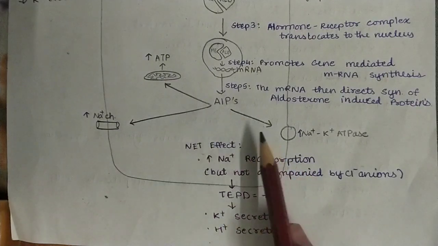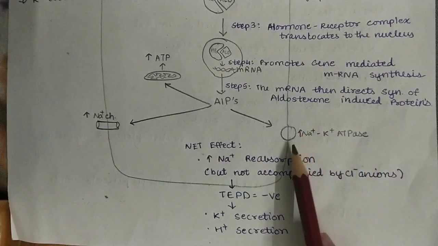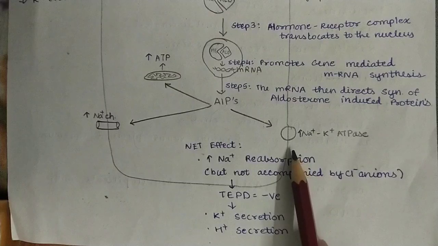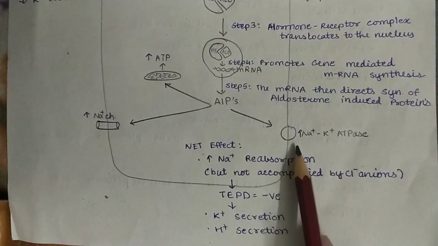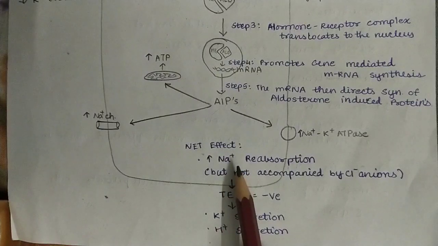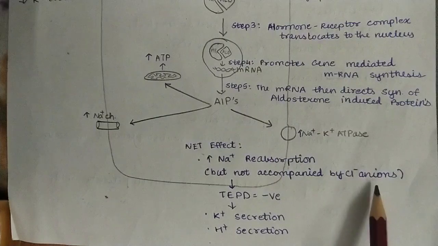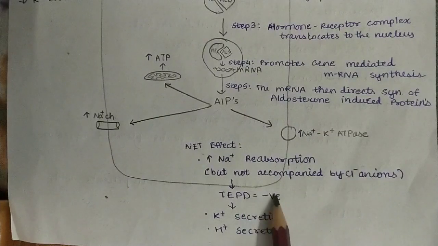The AIPs also increase the expression of sodium-potassium ATPase on the basolateral membrane. It also promotes the de novo synthesis of sodium-potassium ATPase. Hence, the net effect is increase in sodium reabsorption but not accompanied by chloride anions, and hence it creates a negative transepithelial potential difference. Thus, potassium secretion and H+ secretion happen.